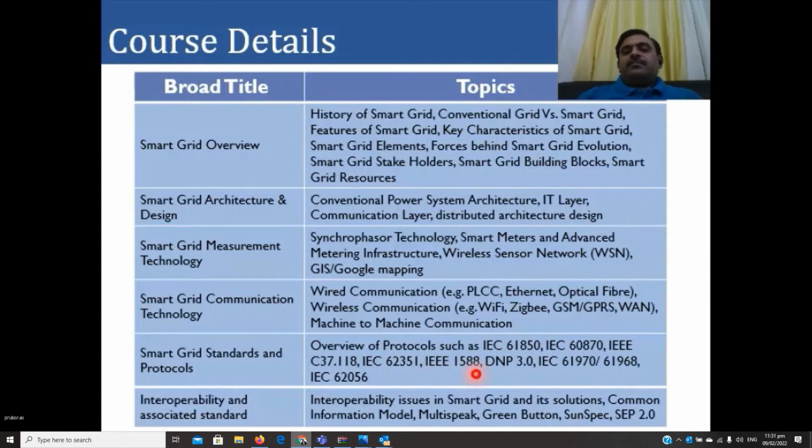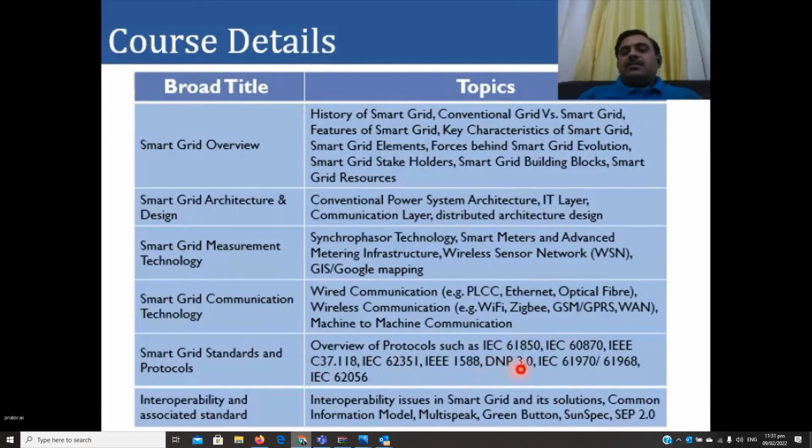What is that? Basically, when you have to timestamp the various data at very high precision, we use the precision time protocol. We can also say this is nothing but a time travel protocol. We'll discuss it in detail when we go towards the topic of smart grid standards and protocols.